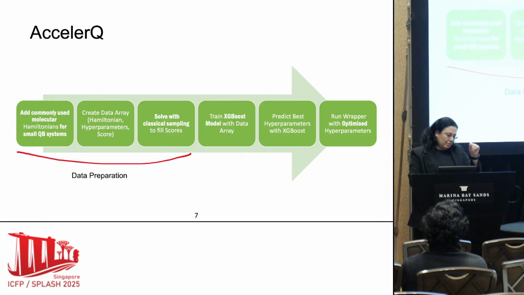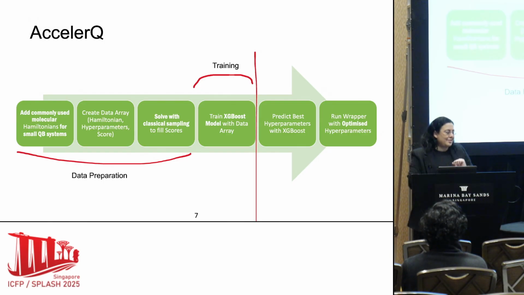We compute the result, like the property we want to learn or to know from this system, and then we train some regressor, and that's the part where the classical stuff ends.